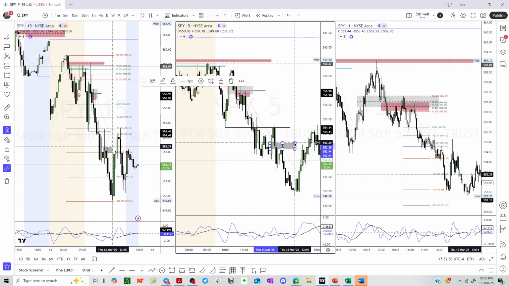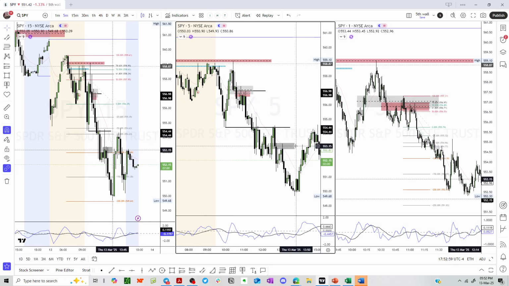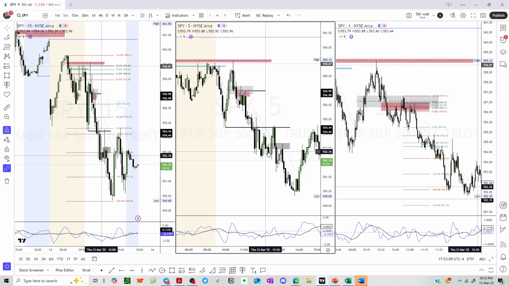Anyway, I was looking to put the midway point, but you can eyeball it like I always do. But you can see it pretty much traded to the top.